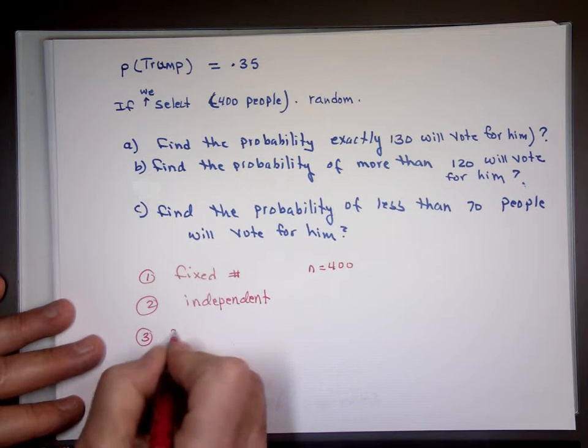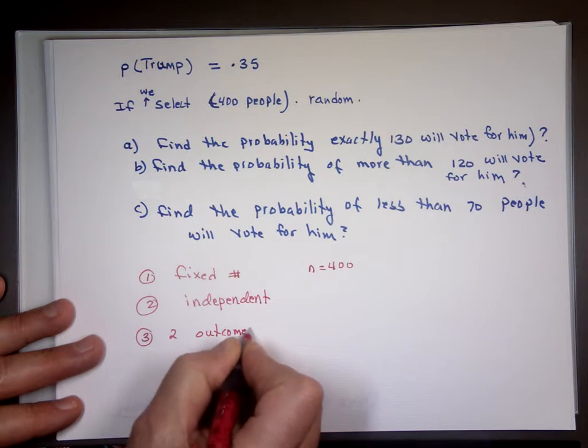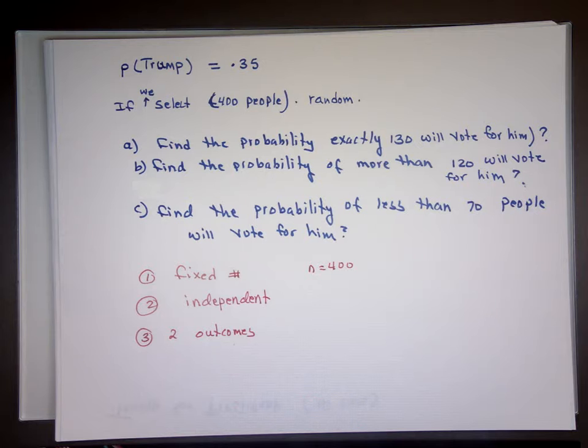Number 3, 2 outcomes, or reducible to 2. Right now we have more than 2 outcomes for a president: Bernie Sanders, Hillary Clinton, Donald Trump, Kasich, and Cruz. So we have 5 of them, but you can reduce them to 2: Donald Trump or not Donald Trump.